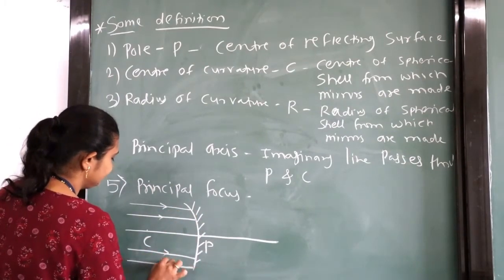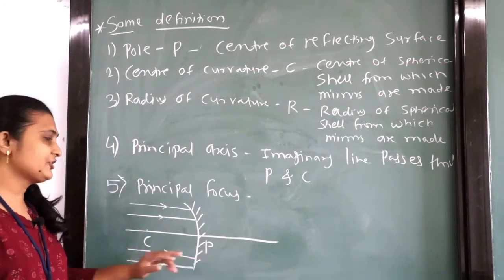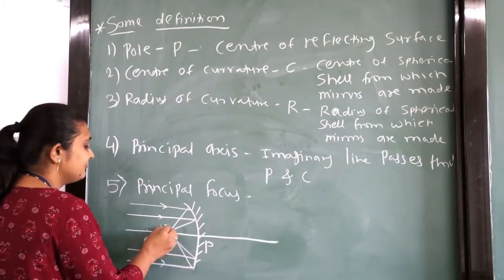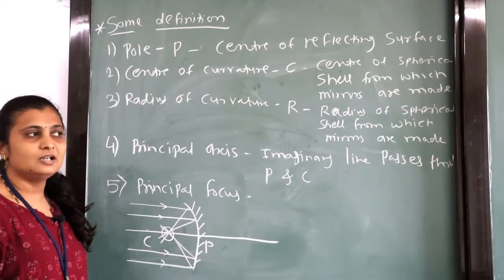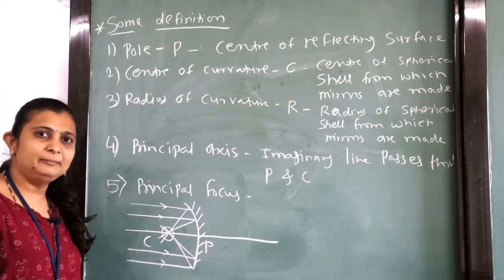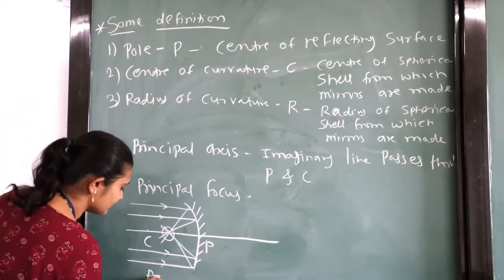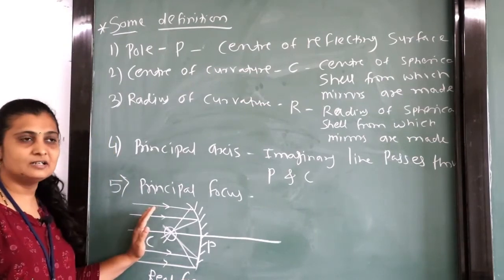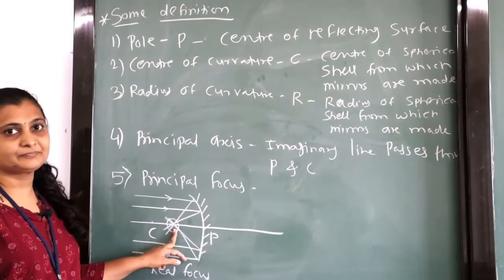Parallel rays incident on the mirror, after reflection they meet at one point, and that point is called the principal focus. If the parallel rays actually meet, then that focus is called the real focus. This is the real focus, and that type of image is called the real image.